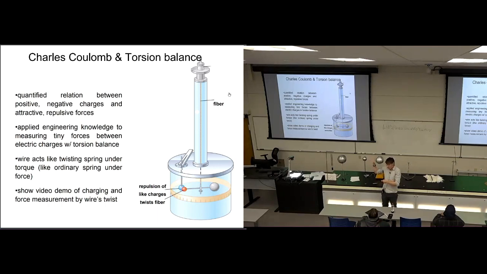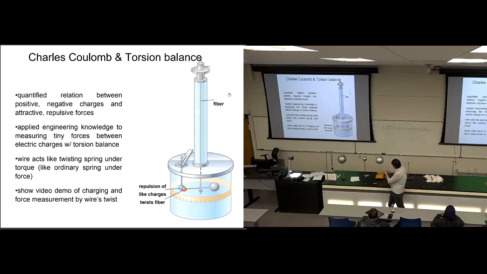If you try and twist this fiber clockwise or counterclockwise, it's gonna twist back. And he used that property to develop the torsion balance to measure the forces that are created by electrical charges.